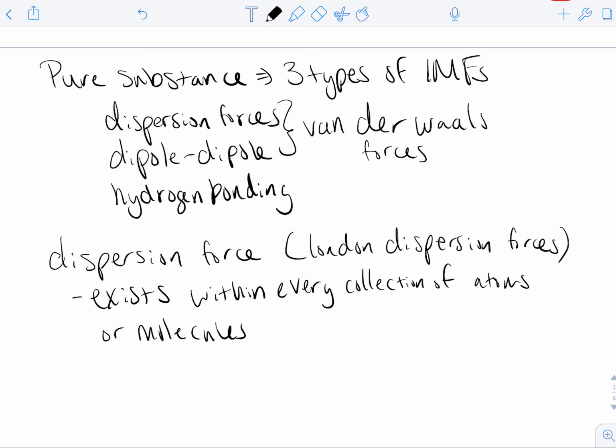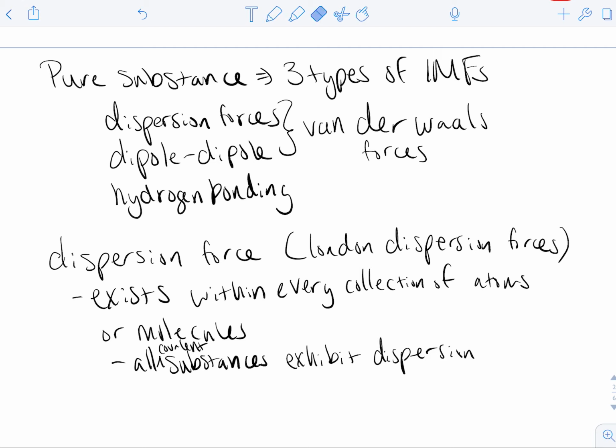So we would say that every substance exhibits dispersion forces. Or every covalent substance. Same thing with a collection of molecules.